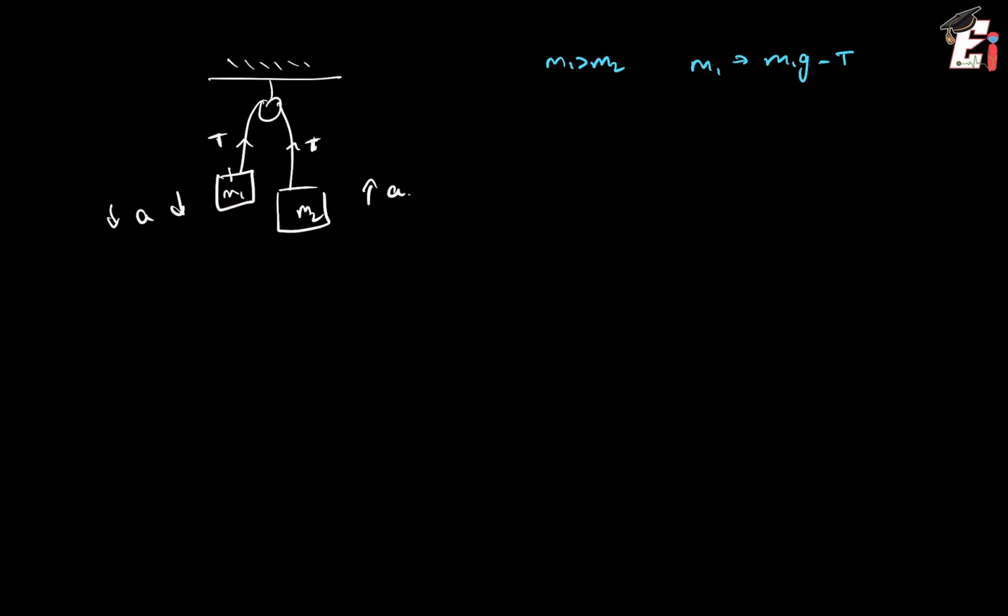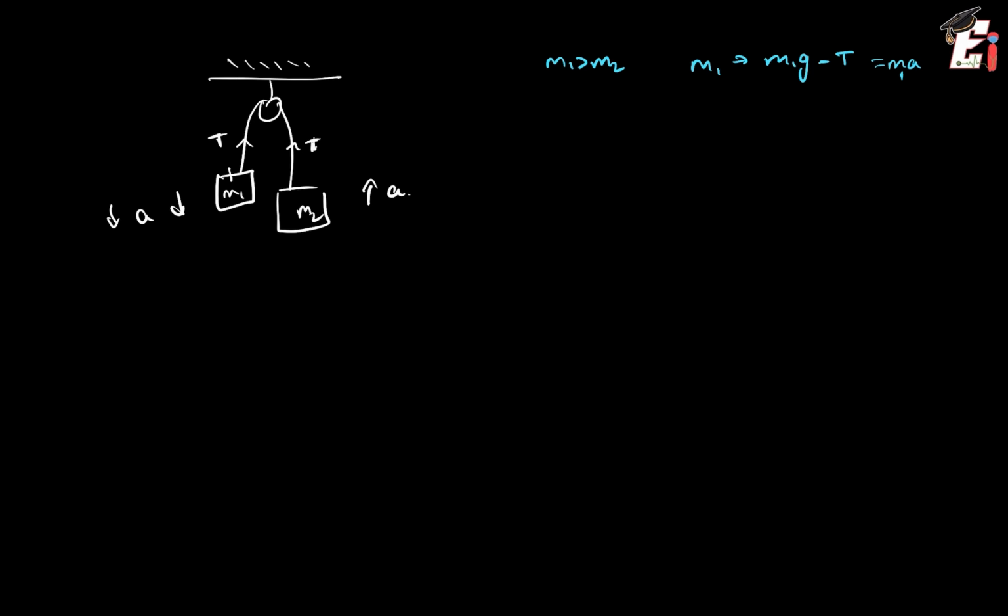So m1g minus T is the total force acting on it, and the total force is going to be ma, that is mass 1 into acceleration. Total force we always write equal to ma. If two forces act in opposite directions, you subtract them, and you subtract from the greater one.